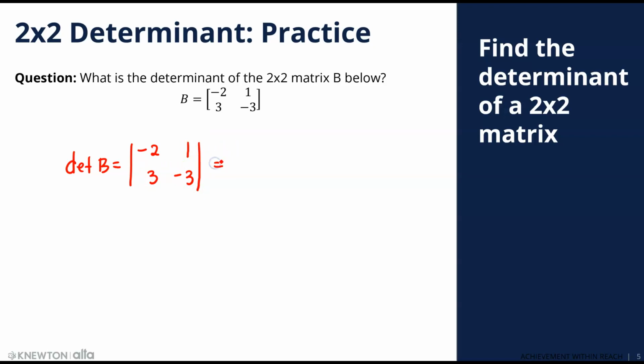Then the determinant is just the product of the diagonal here minus the product of the other diagonal. So we have negative 2 times negative 3 minus 3 times 1. This is equal to 6 minus 3, and that gives us 3. Therefore, the determinant of matrix B is equal to 3.